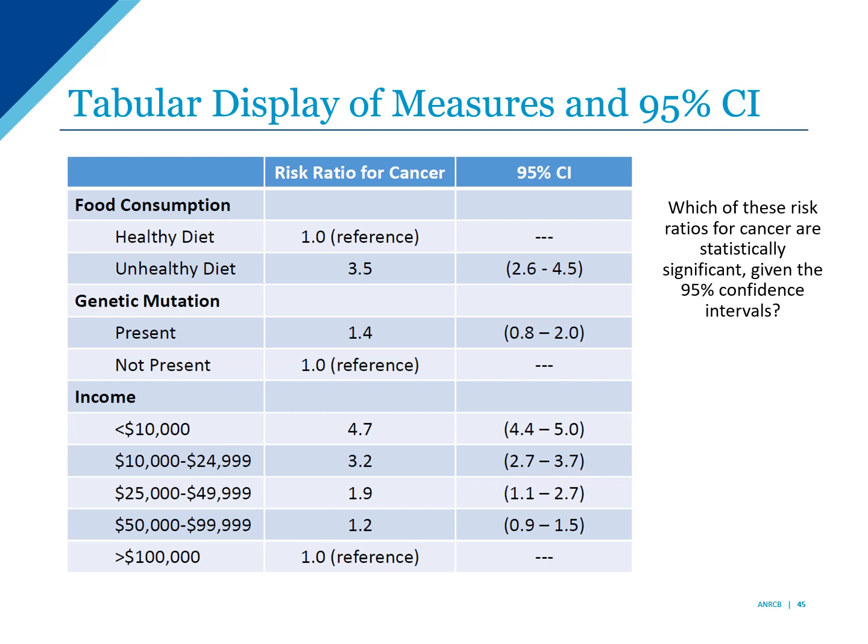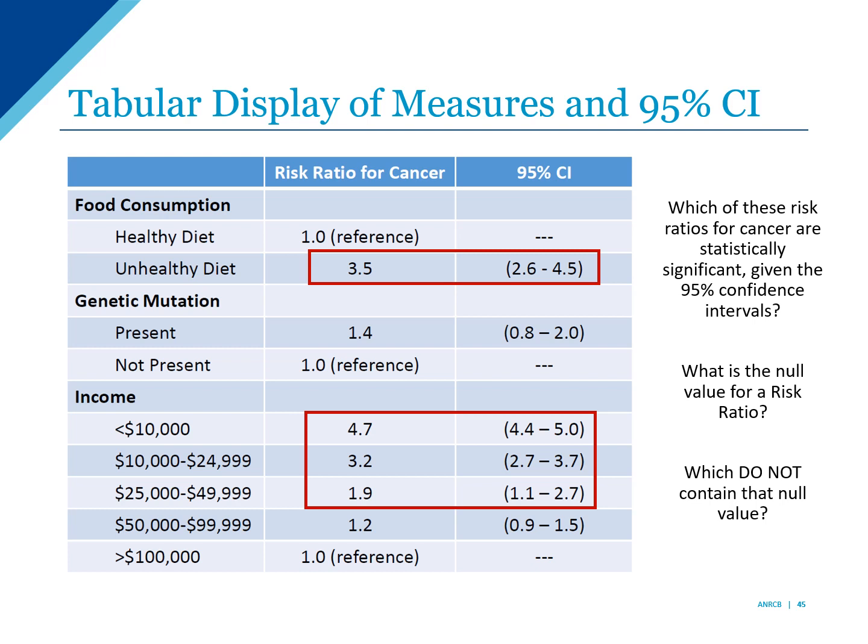Now, what is the null value for a risk ratio? It's 1. So which of these intervals do not contain the null value? In this study, having an unhealthy diet and having an income less than $50,000 a year were significant risks associated with having cancer.